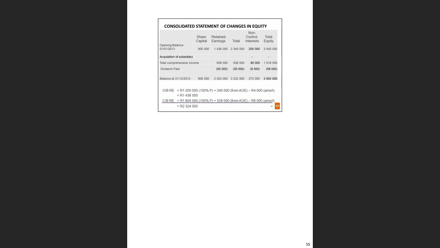That would be the retained earnings for S, the post-acquisition retained earnings from acquisition date to beginning of current year. And then the 4,000 Rand would be the prior year amortization. So that gives us the opening balance on our statement of changes in equity. Remember this 240,000 is the 80%, it's the P share. So that gives us the opening balance.